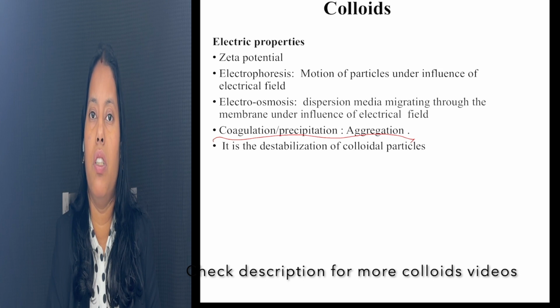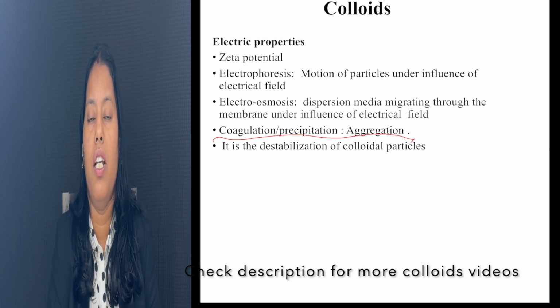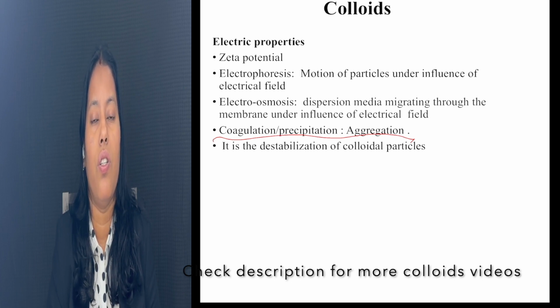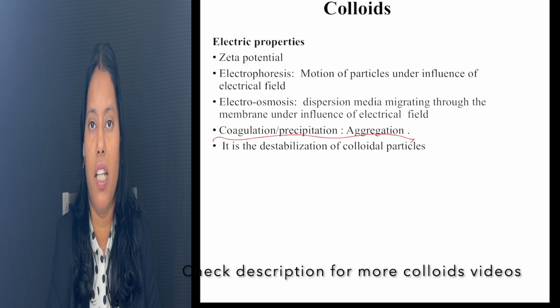Because of which the system is stable, homogeneous, there is no flocculation or aggregation of the particles. But when the potential is disturbed, the particles combine together and aggregate, leading to coagulation, aggregation and sedimentation of the system, and it leads to instability. So how it is happening, that we will see in detail.